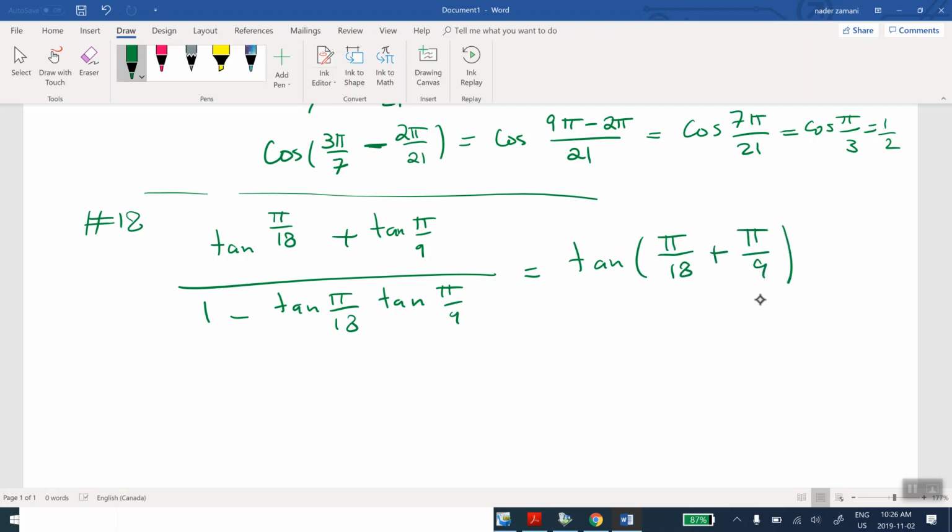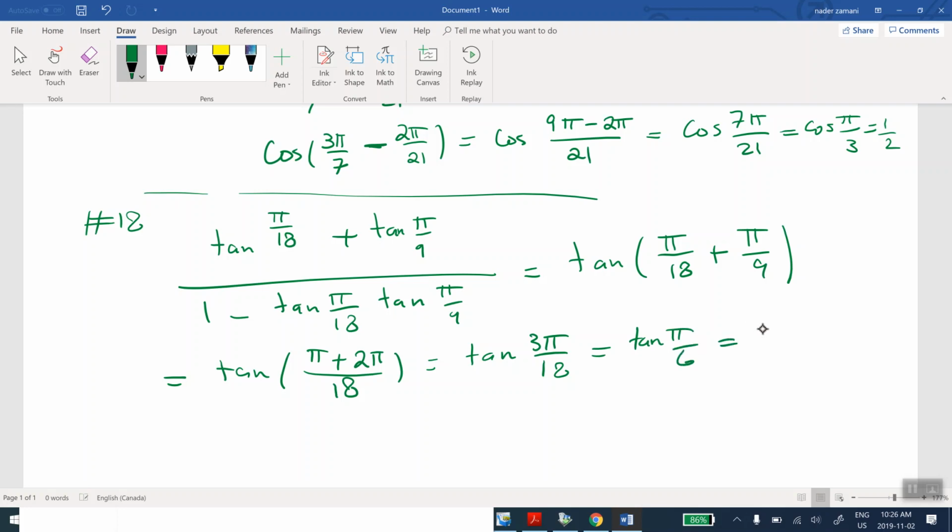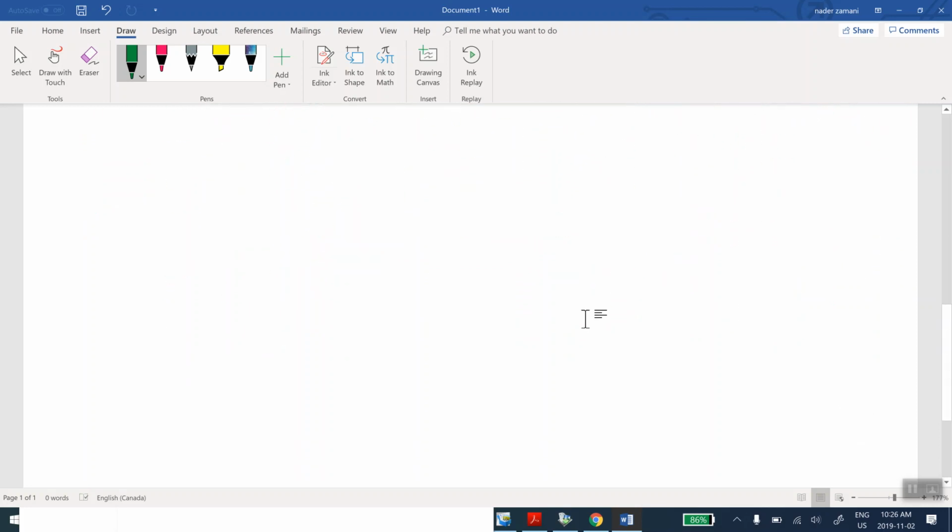That's the way the formula works. Let's do a little bit of cleanup here. The common denominator is 18, so that's pi plus 2 pi. So this is tangent of 3 pi over 18, which is tangent of pi over 6, and the exact value is root 3 over 3, or 1 over root 3, whichever you want to take. Always check your answer by putting this in your calculator.